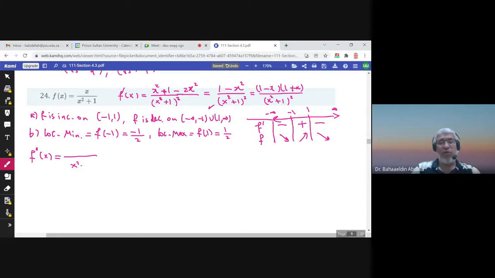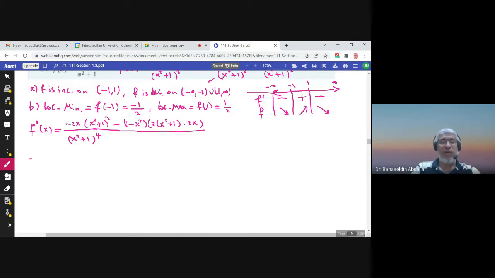Using the quotient rule, the derivative of the numerator is -2x times the denominator minus the numerator times the derivative of the denominator using the chain rule. And to simplify f double prime, I will take common factors from the numerator.